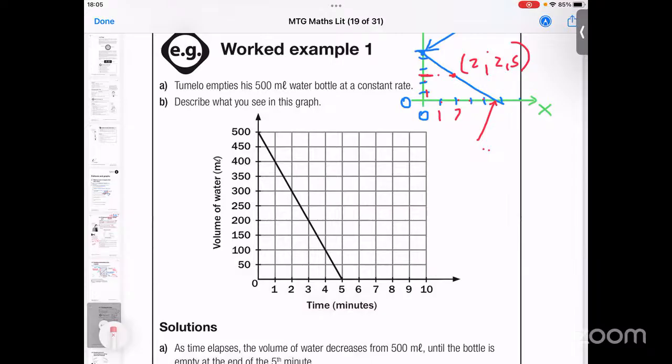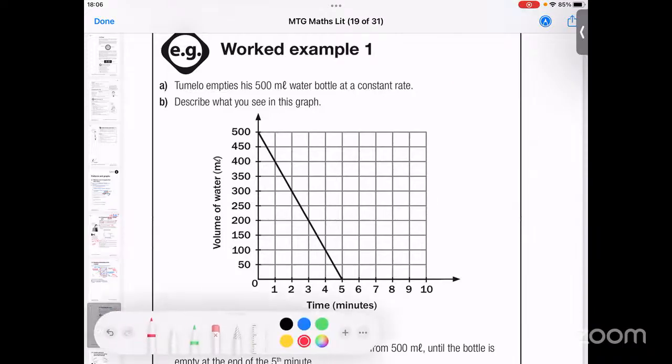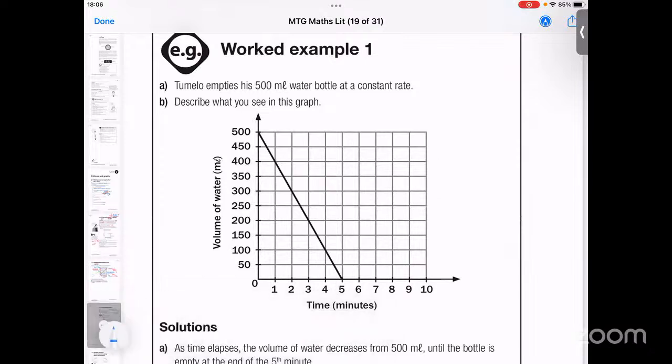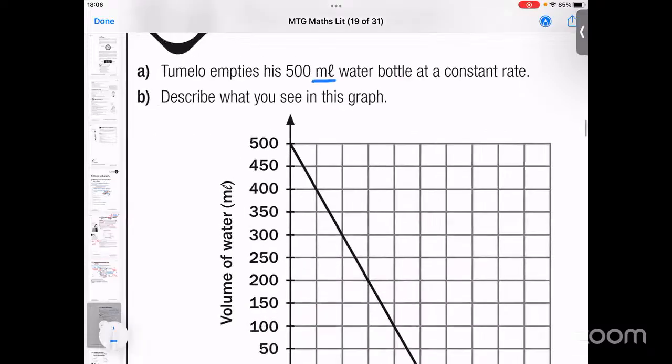I think now what we can do is dive into this worked example and see what is going on there. So now, Tumelo empties his 500 milliliter water bottle. I hope you still remember that we do not call that a milliliter, but a millilitre.